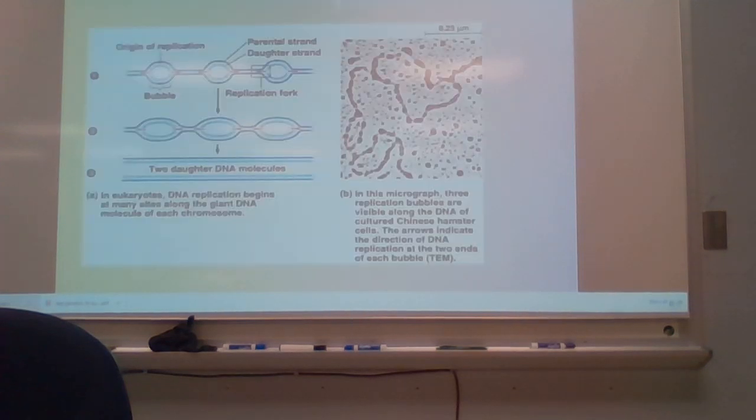So, when we look at DNA replication, and this is really specifically in eukaryotes, so organisms that have multiple linear chromosomes like us, it's going to start in multiple locations because we just have so much DNA. If we want to copy it in a timely manner, we're going to have to start at multiple locations.